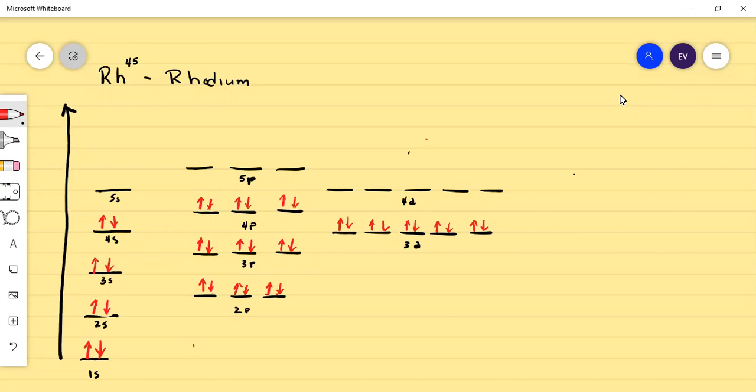Now we go on to the 5s. So in the 5s, we have 5s1, 5s2. From there, we go to the 4d. Starting at element number 39, this represents yttrium. I want you to notice that when you're adding electrons to your electron configuration, you have to add all the positive spin electrons, all the up arrows, first, until the entire block is full.